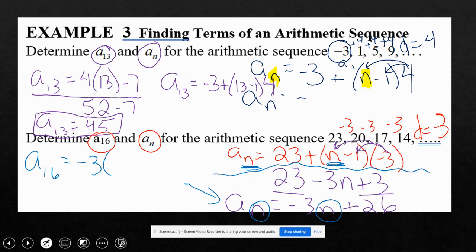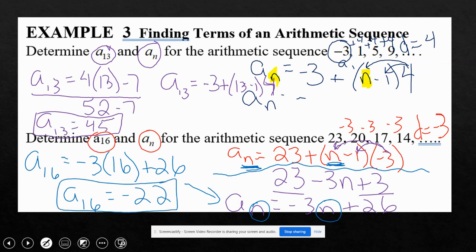So this n after the -3 is changing to 16. And when we do -3 times 16 plus 26, we get an answer of -22. So the 16th number in our list of numbers, if we continued writing it out, would be -22.